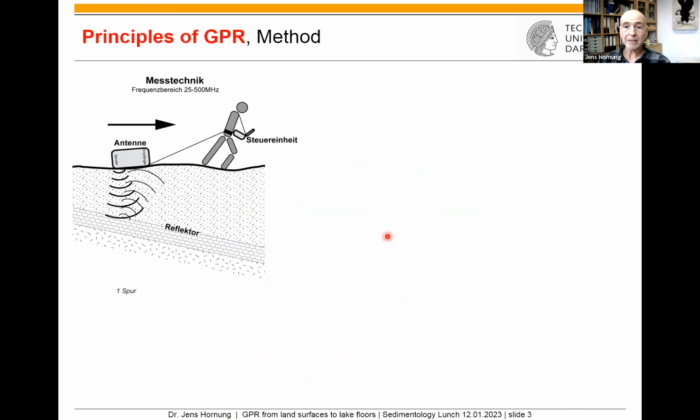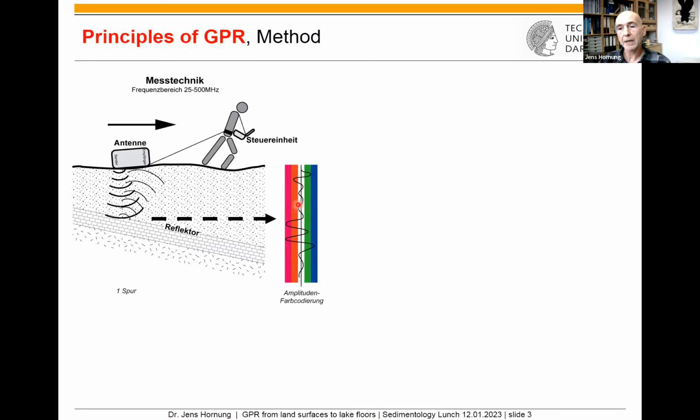But let's start. I'm pretty convinced that not everybody is familiar with GPR, so I quickly introduce the method. We have an antenna, and this antenna emits short electromagnetic pulses, and they are reflected on boundaries. And we have amplitude over time, what we record. And the strength of the amplitude, we color code with dark colors for strong amplitudes and light colors with weak amplitudes.